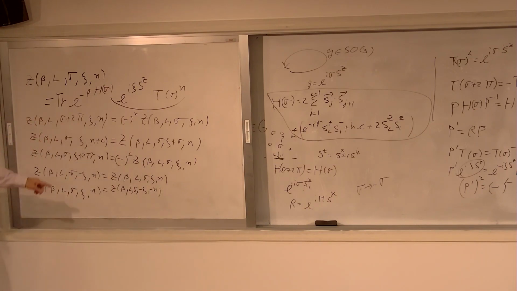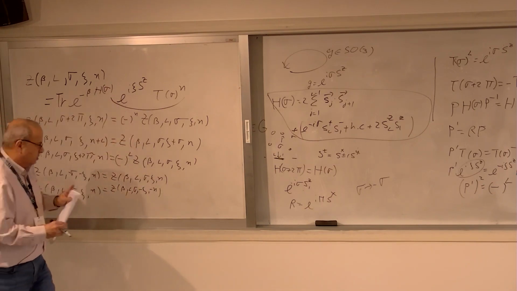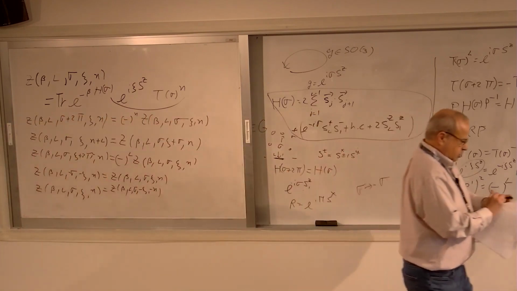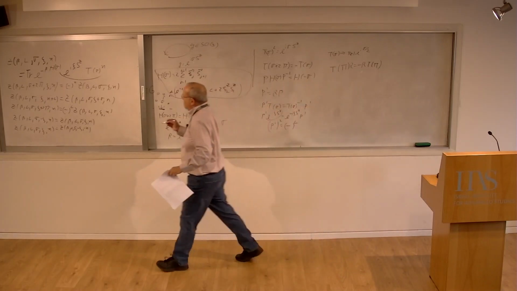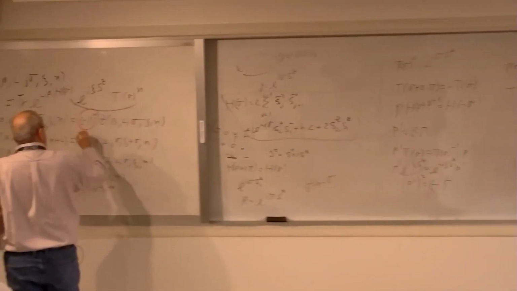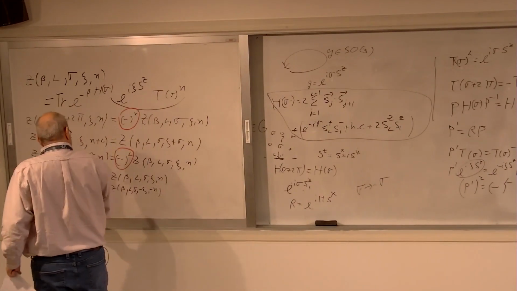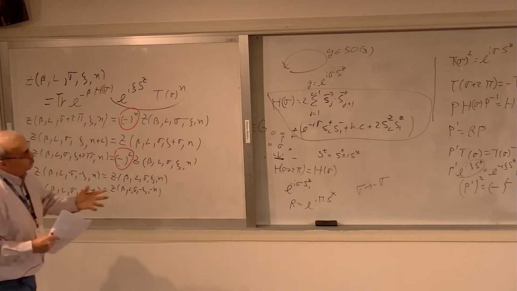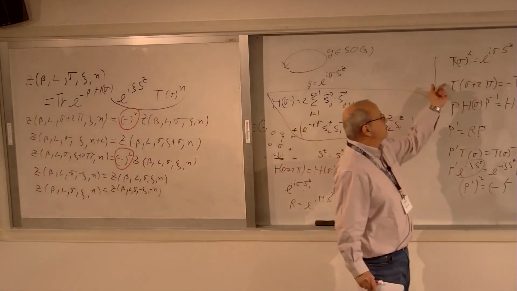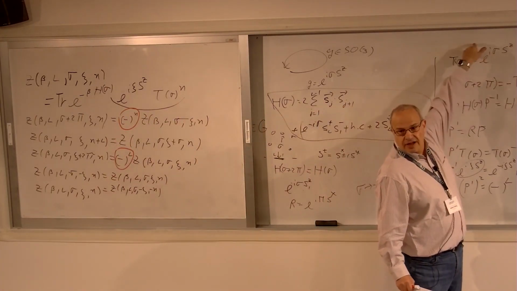Now, there are some phases here. Let's circle them, because the phases are the hero of the story. There's a phase here, and there's a phase here. Throughout the discussion, I said that I had some freedom. I could have redefined T so that I don't have a minus sign here, but then I get it there.